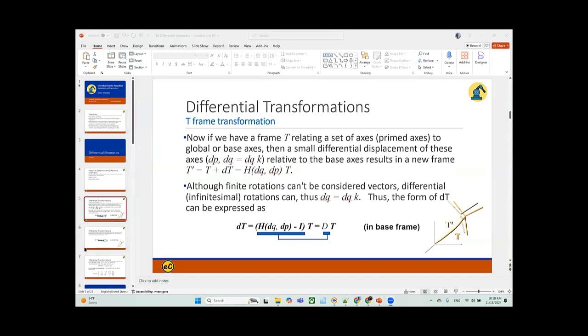You get T prime equals T plus dt. And this H is actually the metric, the metric that you take the derivative of. So you become a new transform form right here.